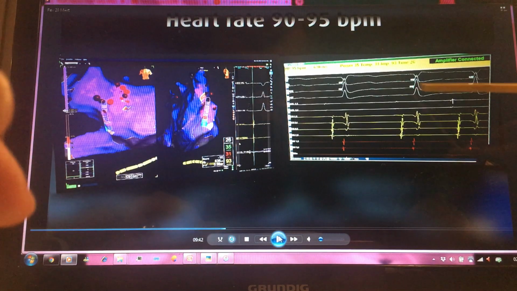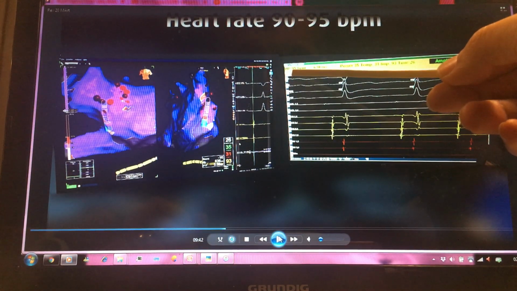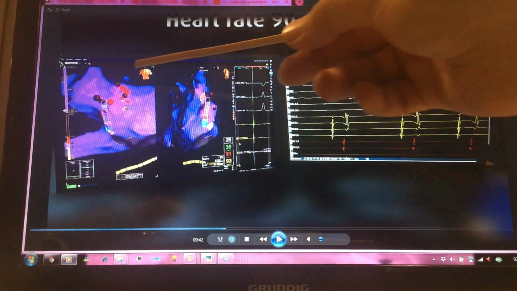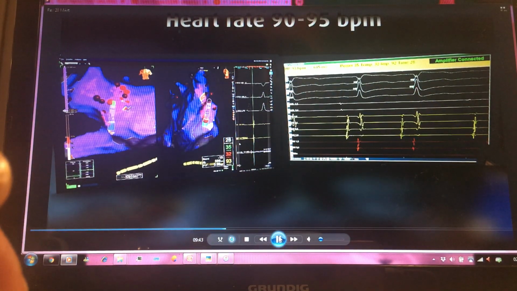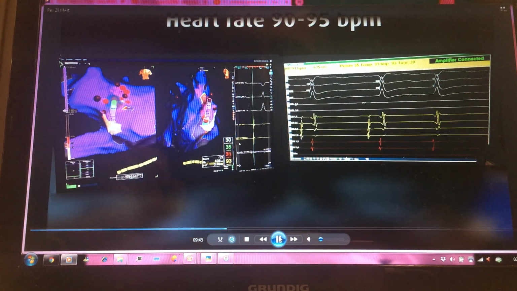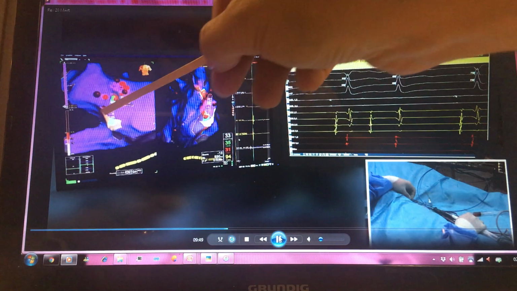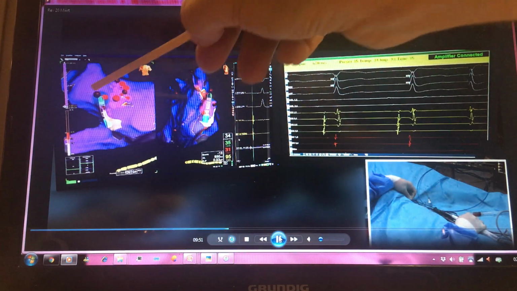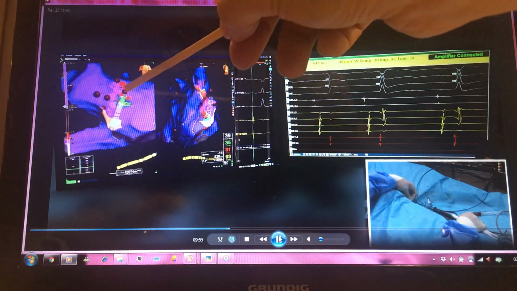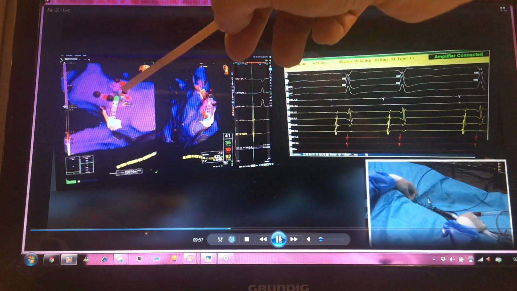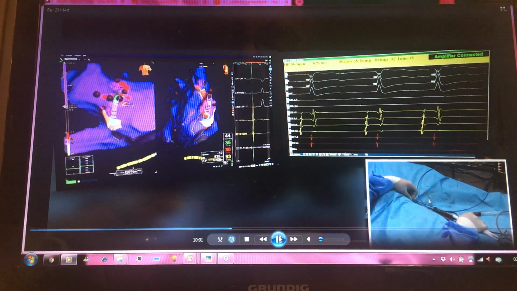Here we go. You can see that heart rate increased to 95 BPM after just 2 or 3 ablation lesions. It's very important. And if you remember, this site is very close to the superior vena cava. We are very close now to the superior vena cava. At that earlier site, we were a little bit far from the superior vena cava.